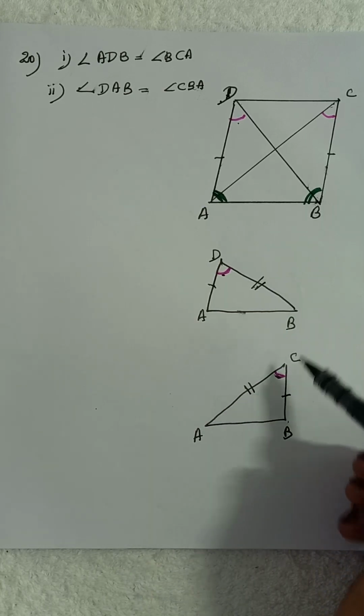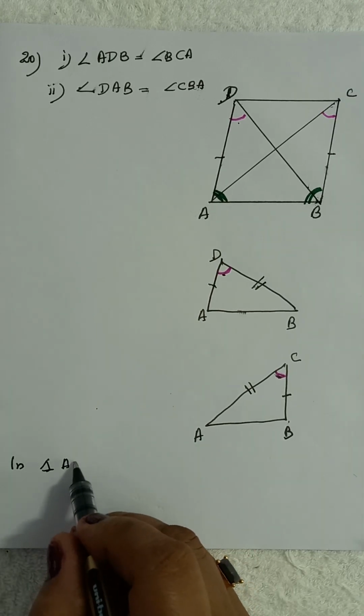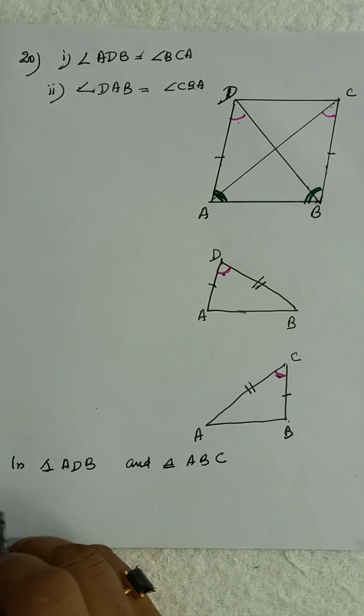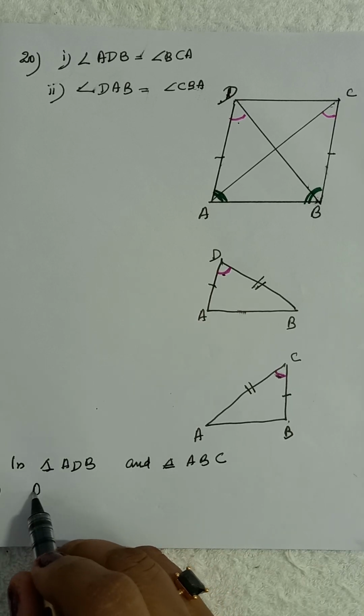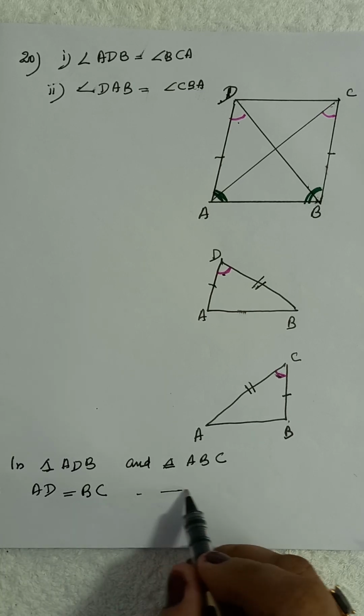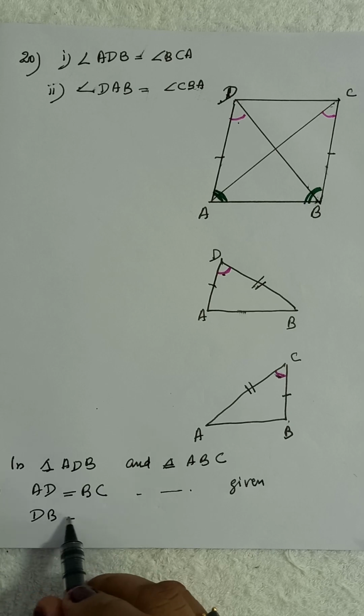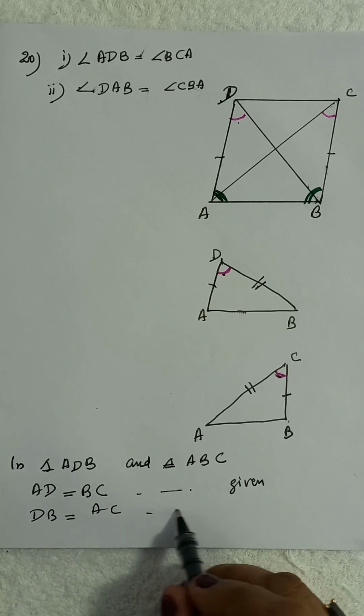Then the corresponding angles we can take. So in triangle ADB and triangle ABC, second point we can write AD is equal to BC, that is given to us. Now third point, BD is equal to AC, that also is given to us.